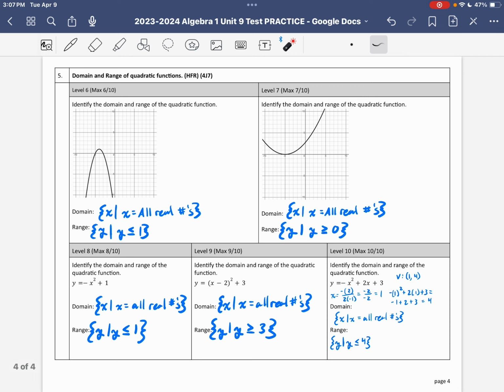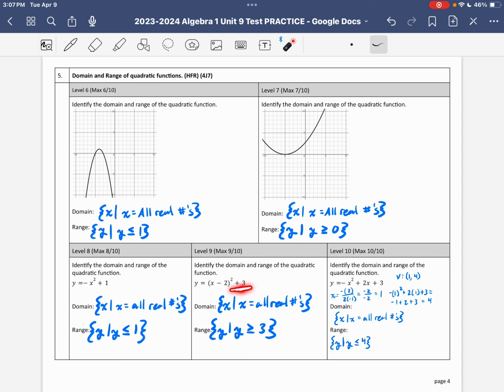All right, last one, domain and range. Now, you can graph this and then find your domain and range if that makes it easier for you. However, the domain is always all real numbers for quadratic functions, and so I don't have to do any work to find that. And then for the range, I just need to know the y value of the vertex. Because this is in vertex form, I know that this number right here is my y value.